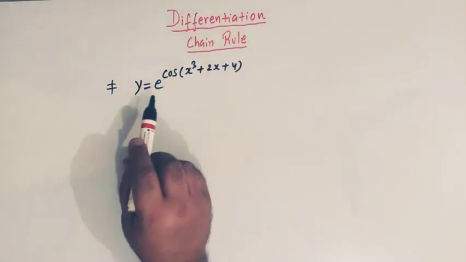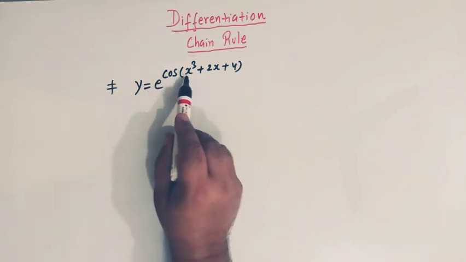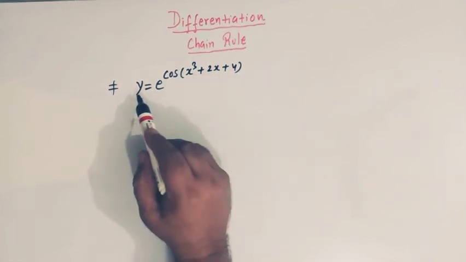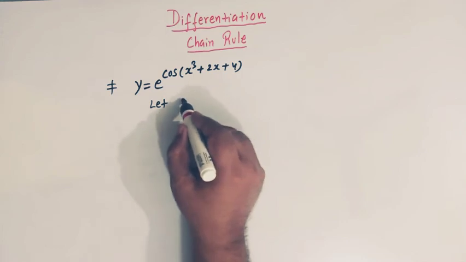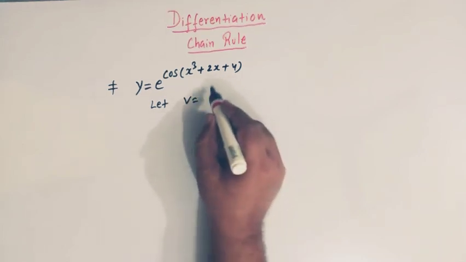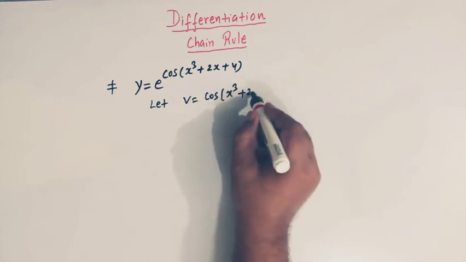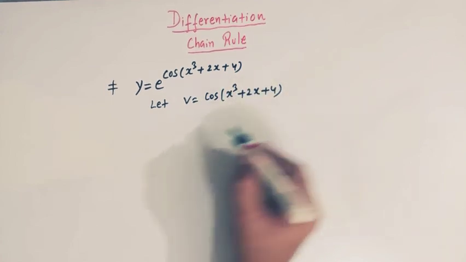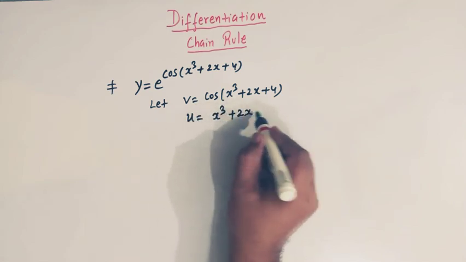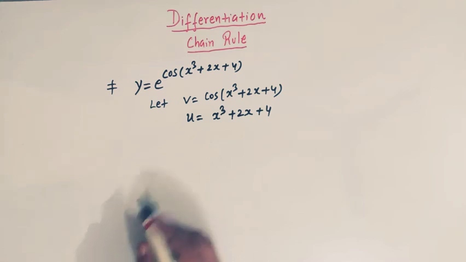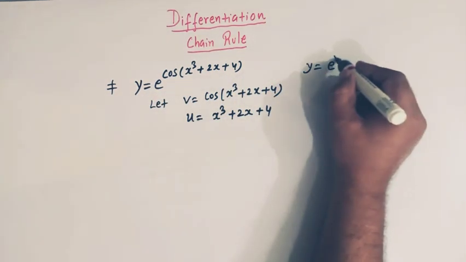Let us take this problem. Here we have to differentiate e raised to cos of (x cube plus 2x plus 4) with respect to x. So let v is equal to cos of (x cube plus 2x plus 4), and u is equal to x cube plus 2x plus 4. Now this expression becomes y is equal to e raised to v.